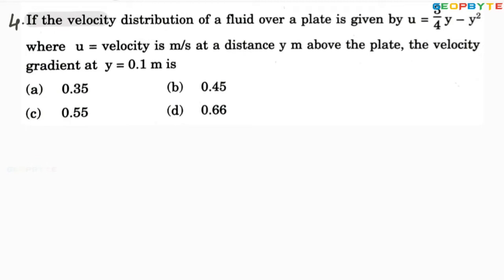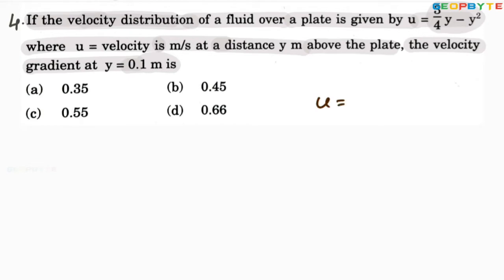If the velocity distribution of a fluid over a plate is given by u equal to 3/4 y minus y square, where u is the velocity in meter per second and y is the distance in meters above the plate, the velocity gradient at y equal to 0.1 meter is, it is given like this.